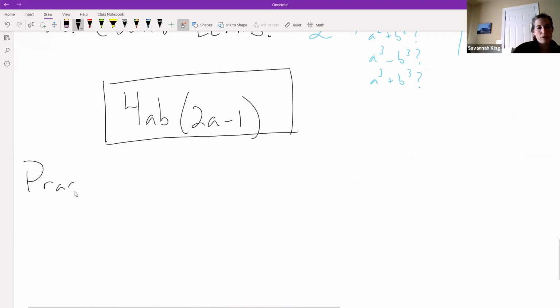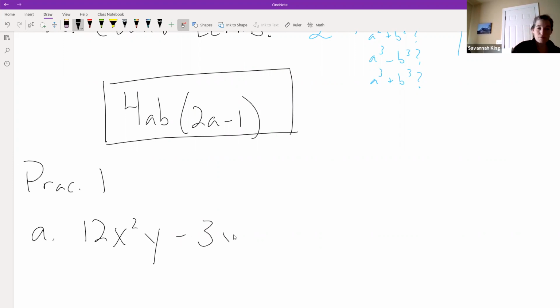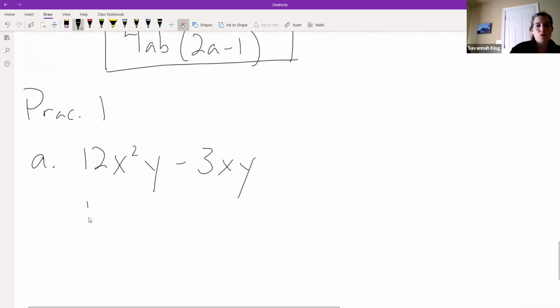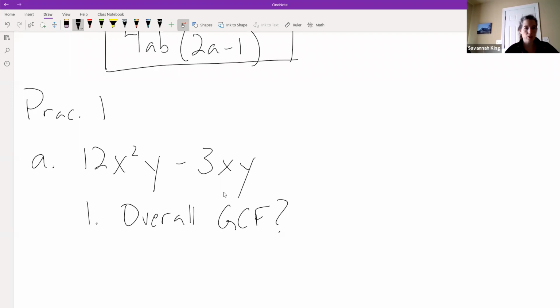Practice problem 1, part A, works very similar. It's at the bottom of the page, out of my line of sight here. It has X's and it has Y's. So we'll just use this as an opportunity to try the same thing again. Okay. Is there an overall GCF?